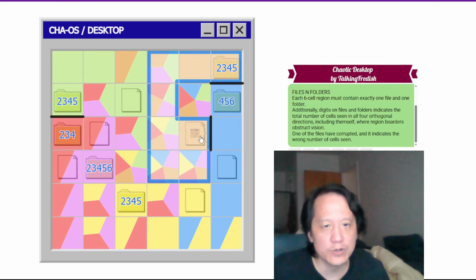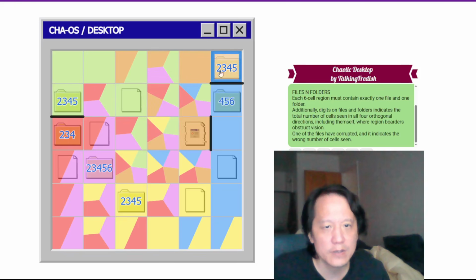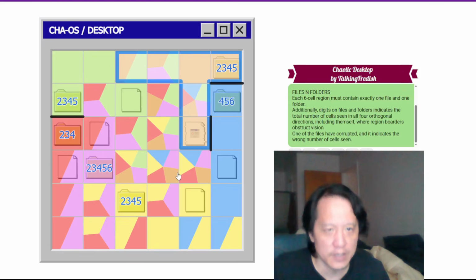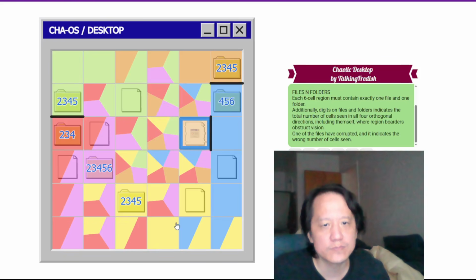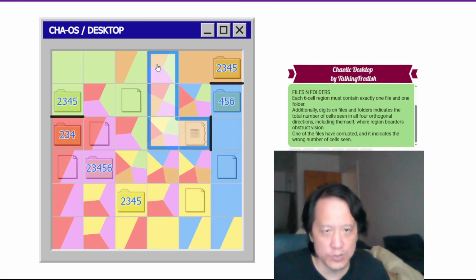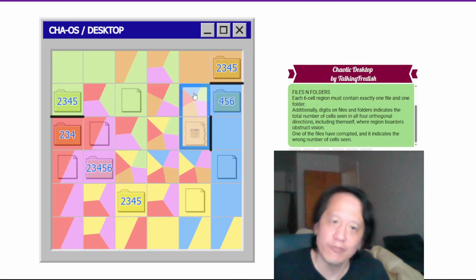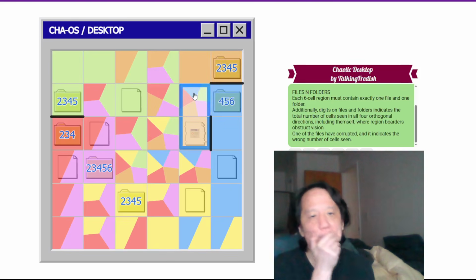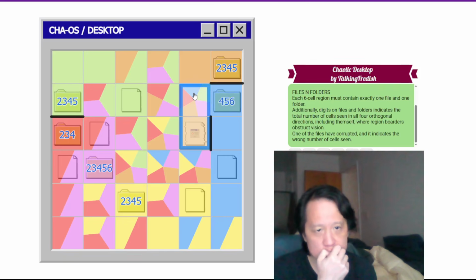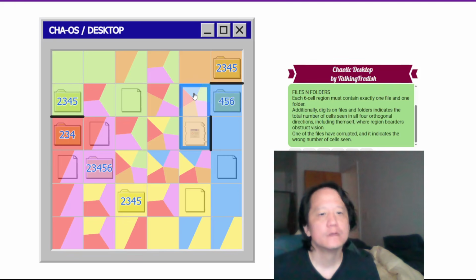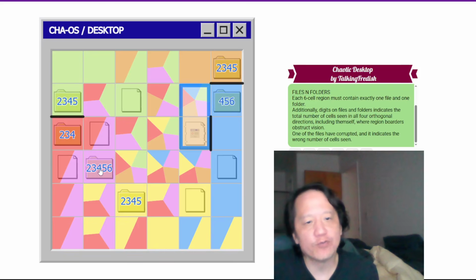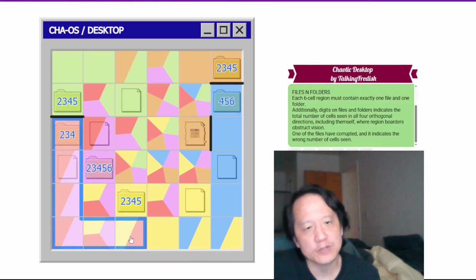So orange could go around that way. It could just go straight down. So orange has to go that way, or it has to go that way. Right, we have if pink goes this way, red has to go this way.